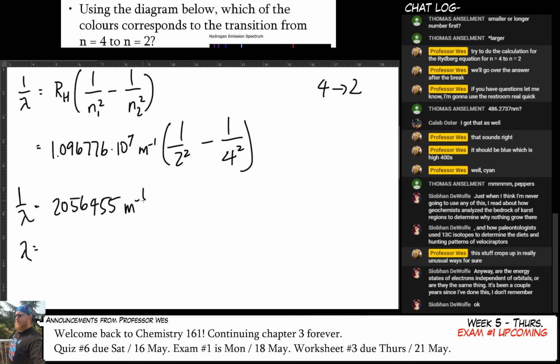So I'm going to invert that to get meters, and I got 4.862737 times 10 to the minus 7 meters, which is 486.2737 nanometers. That looks like what other people got.